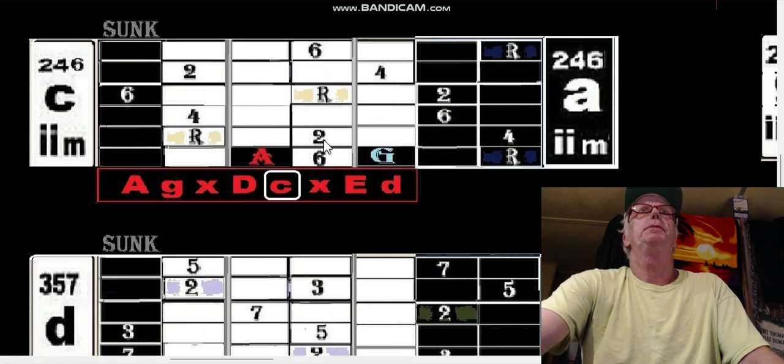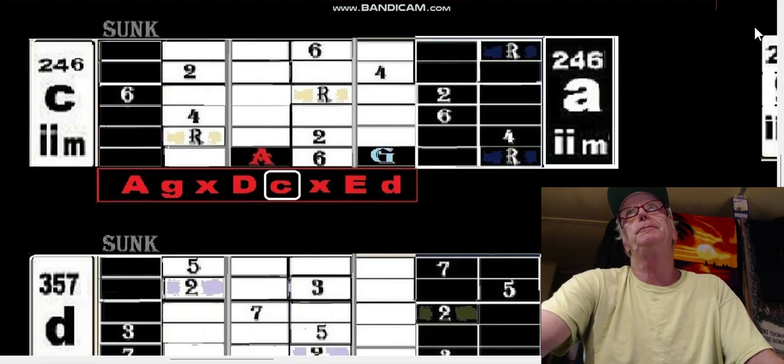So to play this half position here, if you wanted to play it from the bottom, we're gonna add the 7th, because notice on the G string, we don't have the 6, we don't have the 2 in the box that we're looking at.